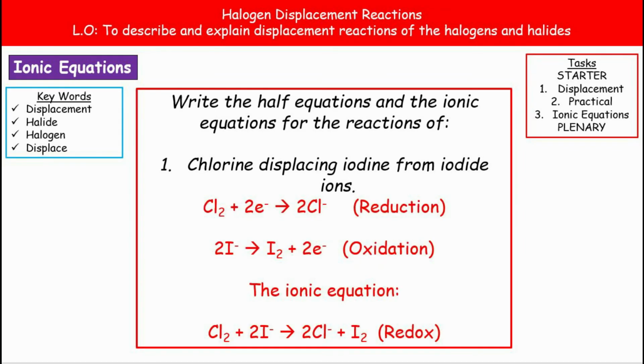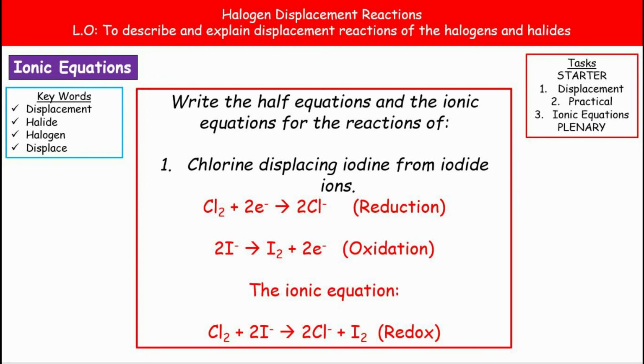Okay, let's check those answers then. So question 1, chlorine displacing iodine from iodide ions. So the first one is going to be the same as our example. We've got chlorine, so we start off with Cl2. That's going to gain 2 electrons, plus 2e minus, to make 2 chloride ions, 2Cl minus. And that is of course a reduction because it is a gain of electrons.